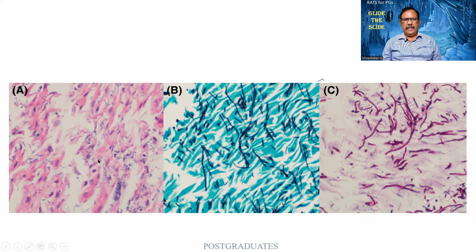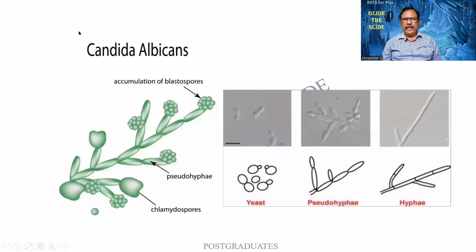Maybe under the HNE, I can make out a few inflammatory cells here and there. So the diagnosis is Candida albicans. In fact, albicans will be a higher diagnosis. We are overreaching. My professor, Dr. Ramesh Rao, used to call it Candida species.